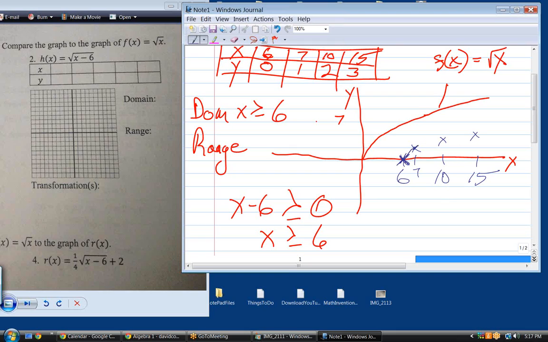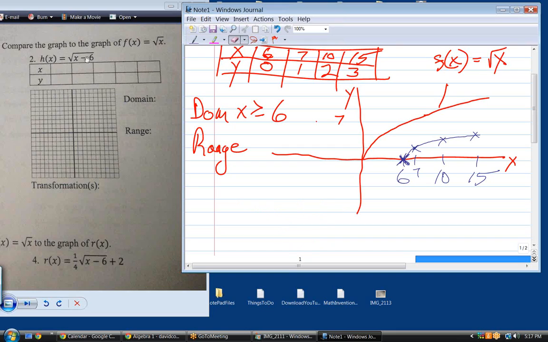So again, we have a curve that has the same shape as the elementary function does. Only what happened? What have we done to it? It shifted down 6. I can see why you would think that, but no, it shifted over 6.